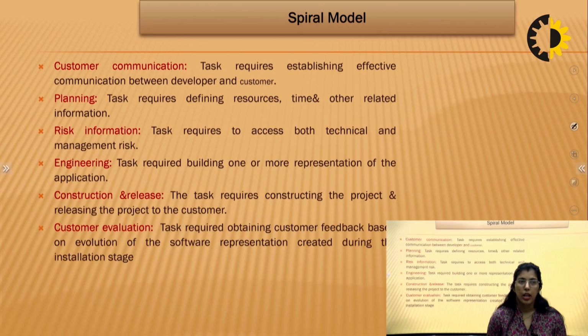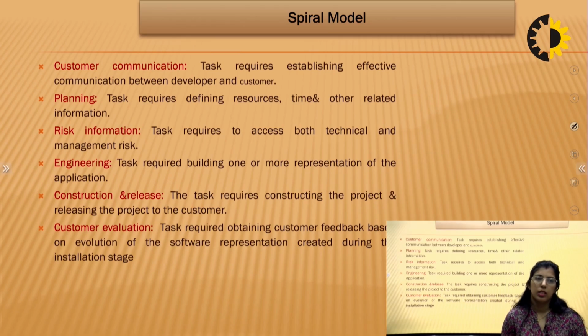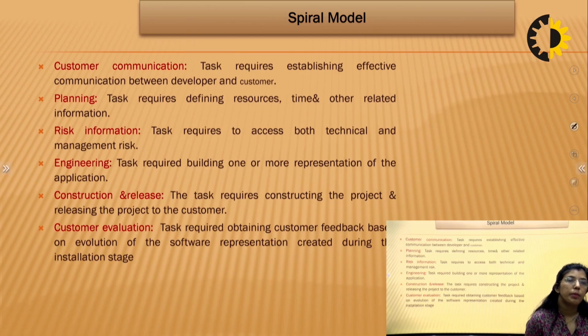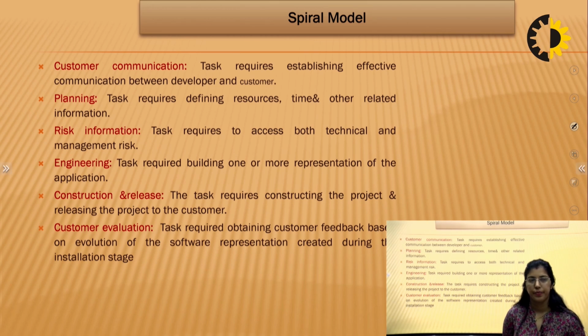The engineering task requires building one or more representations of the application. Next, construction and release. The task requires constructing the project and releasing it to the customer. Next, customer evaluation. The task requires obtaining customer feedback based on evaluation of the software representation created during the installation stage.